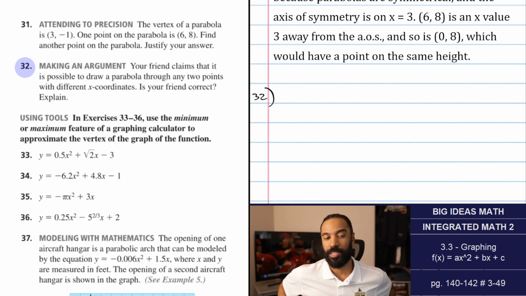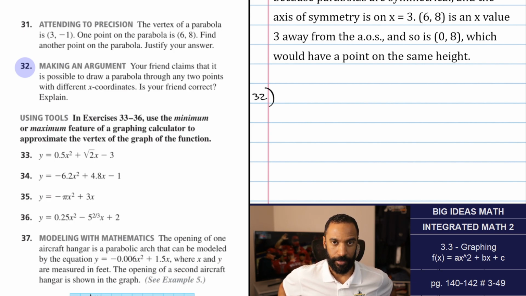When they say a parabola, I feel like they mean a unique parabola. Like, it's possible, guys, it's possible to draw a parabola through any 2 points, period. No matter, with different x coordinates. I thought they said with different y coordinates. Okay. Maybe they don't mean unique.